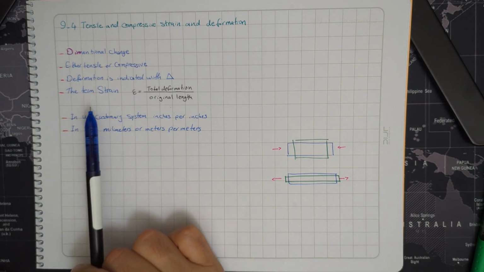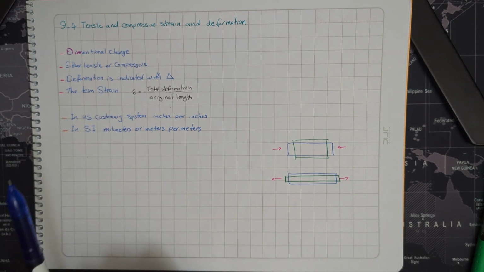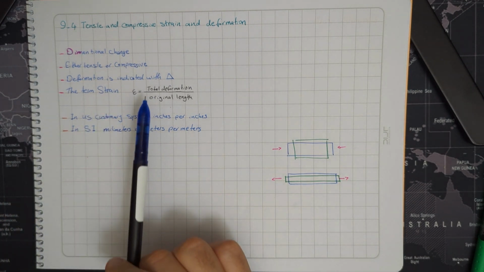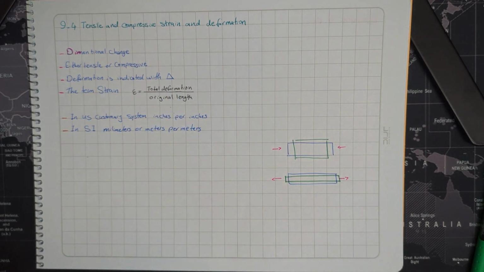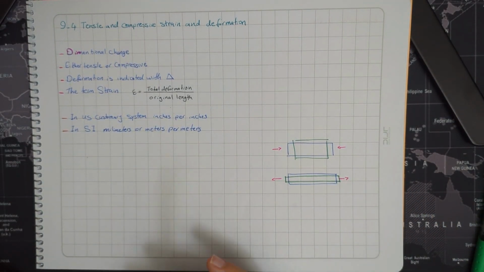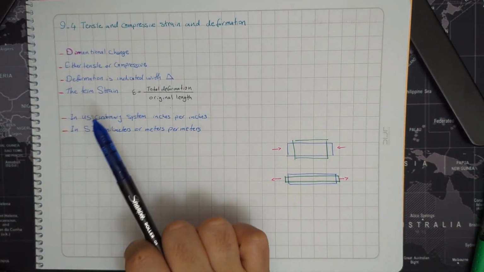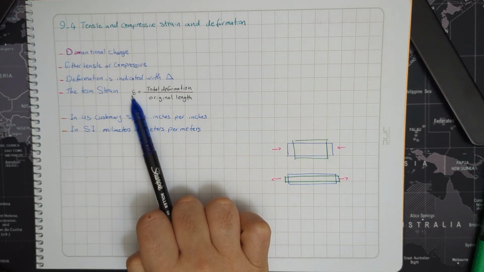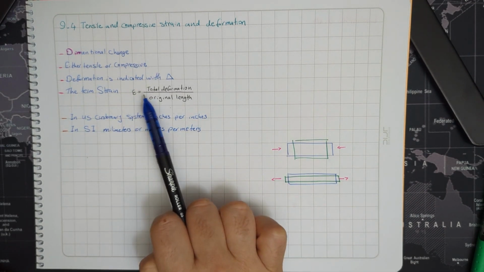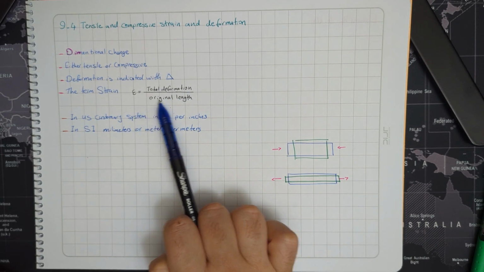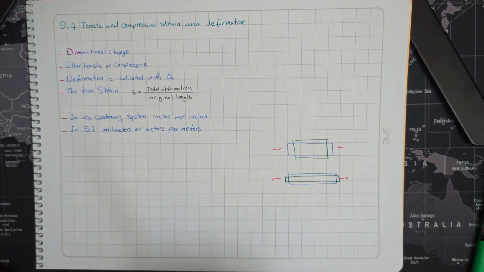We have the term strain. Okay, what is a strain? Strain is the total deformation over the original length. Strain could be elongation or compression or any form of deformation. We call it a strain, and it is indicated by epsilon. So total deformation over original length is called a strain.